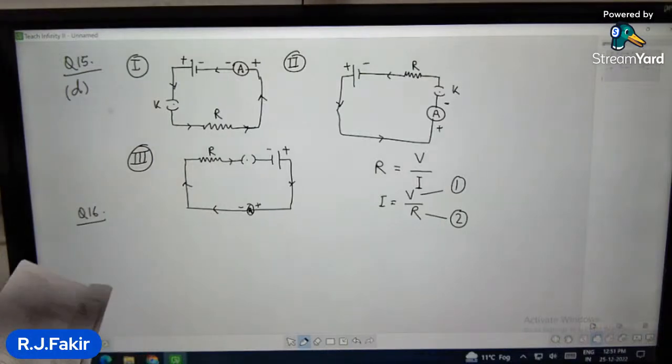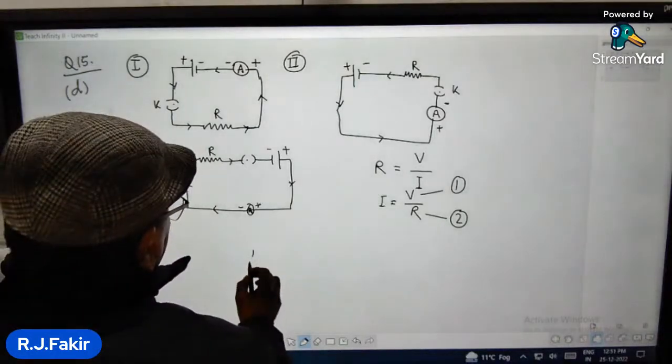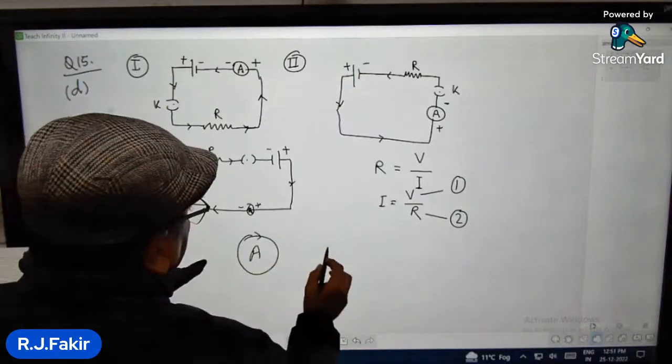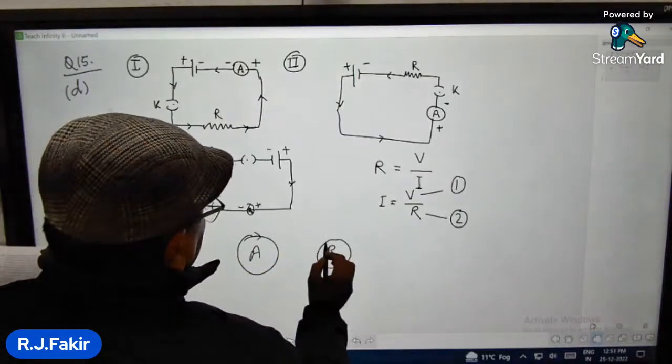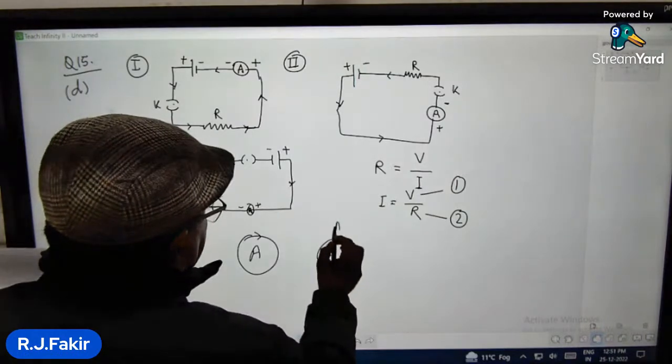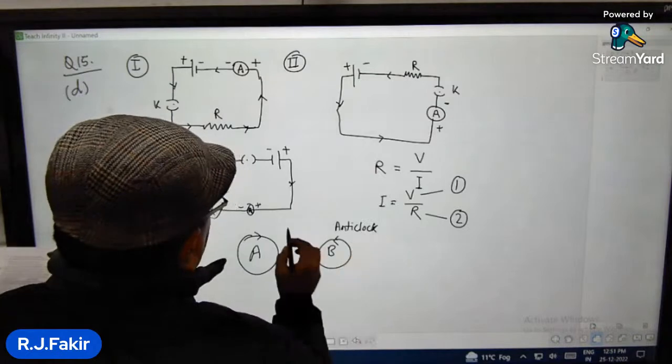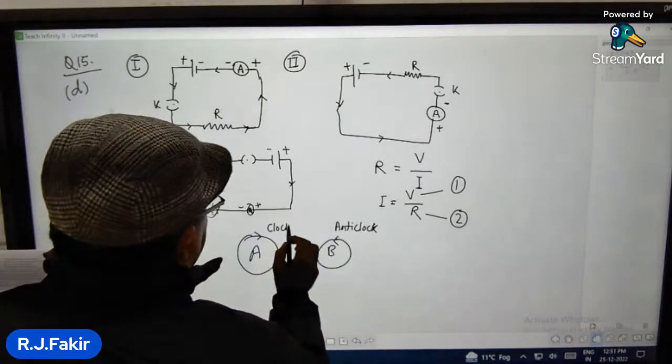At point A it is clockwise, that means this direction. At point B it is anti-clockwise, this is anti-clockwise, and this is clockwise.